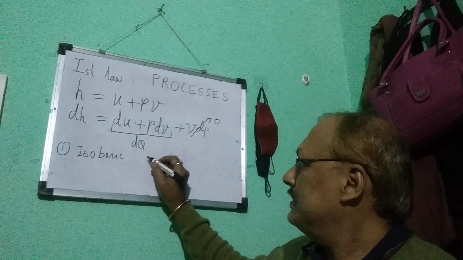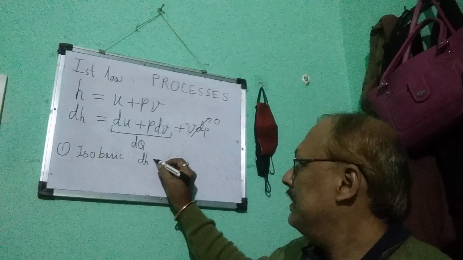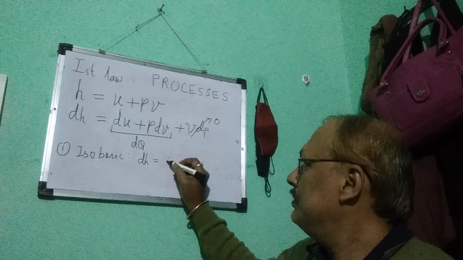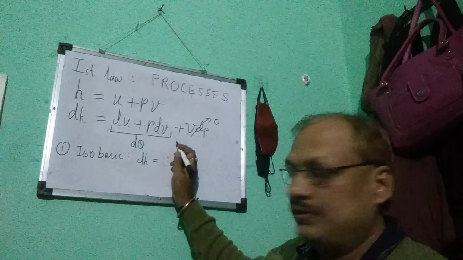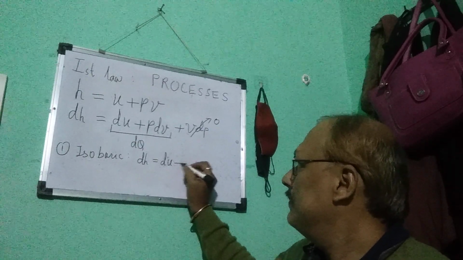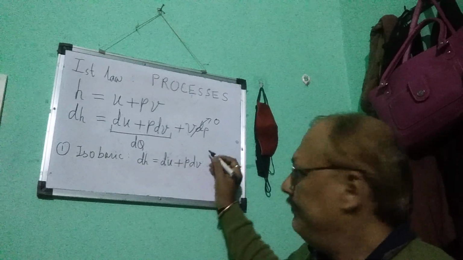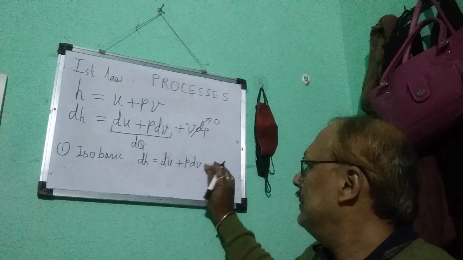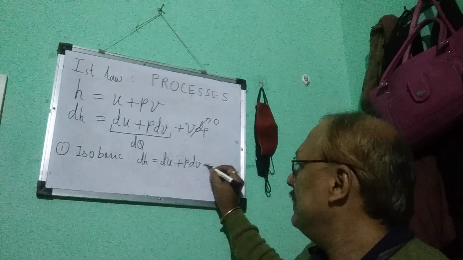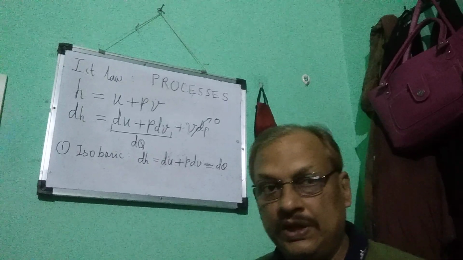So what we will get? dh = du + pdv, that much, which equals dq. So dh = dq.